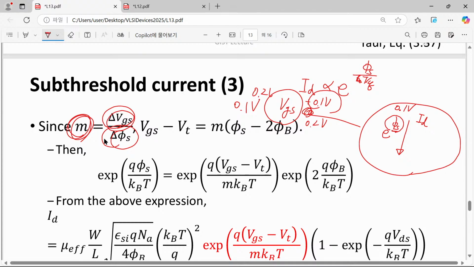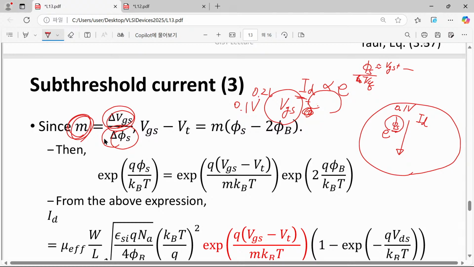Although the current has surface potential dependence, if the surface potential really follows just the gate voltage plus some offset value, then by changing the gate voltage, you can also exponentially control the drain current. But now let's think about this one.